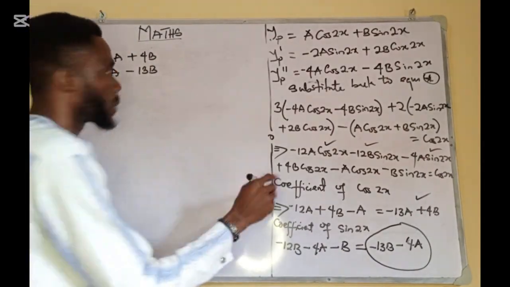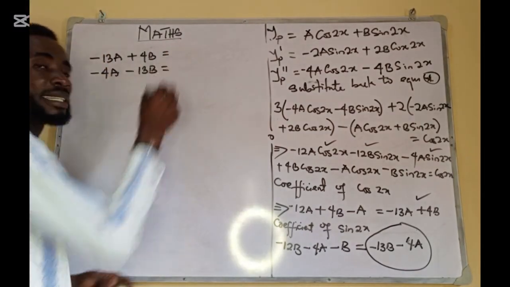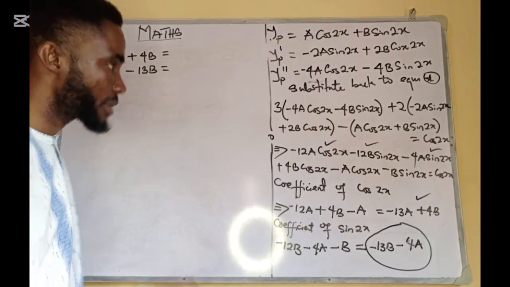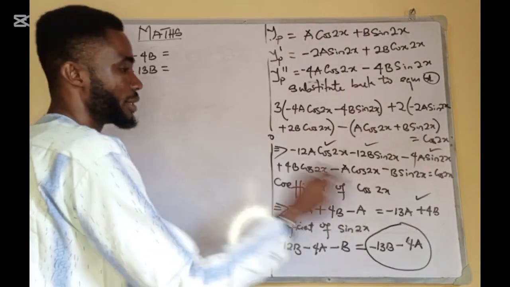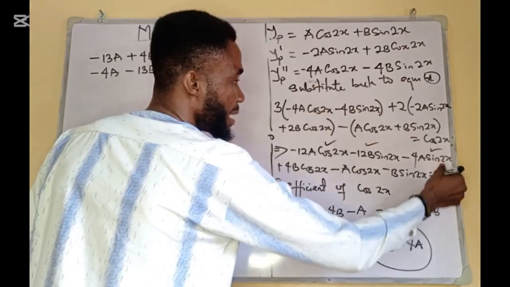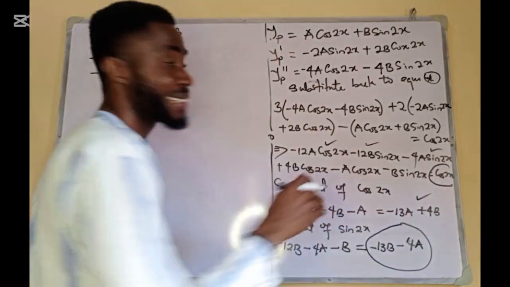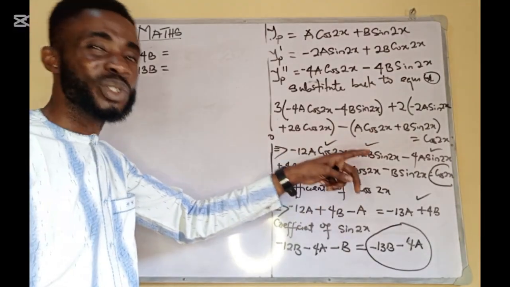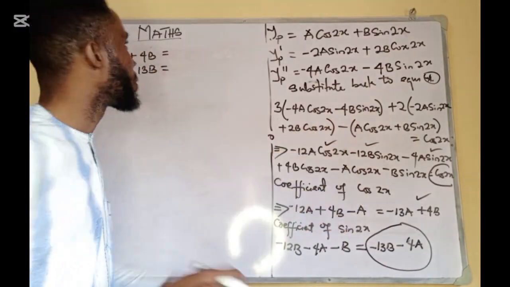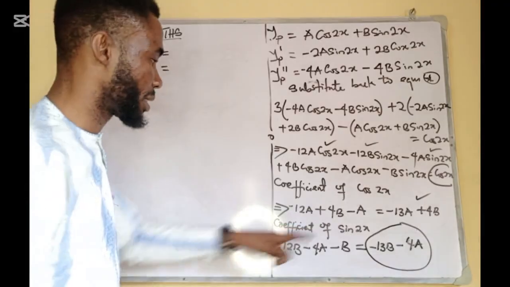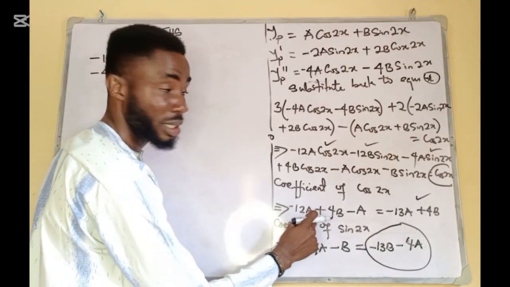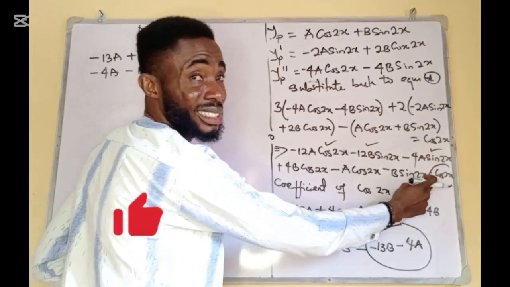Now, if you watch very well, we need to make it into a simultaneous equation. On the right hand side, we have cos 2x. Remember this first one was for cos, so the coefficient of cos here is 1.